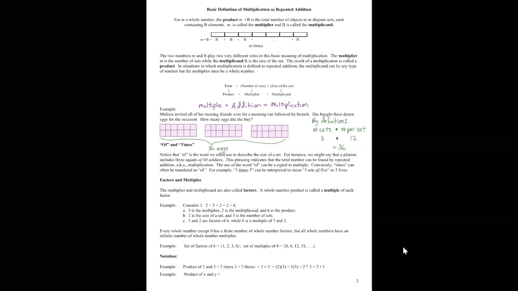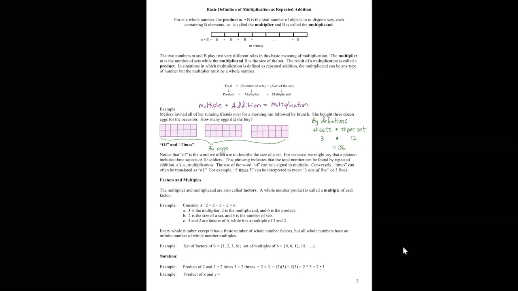For instance, we might say that a platoon includes 3 squads of 10 soldiers, right? So a carton of eggs contains 12 of those eggs. Each one has 12 of those eggs. The phrasing indicates the total number that can be found by repeated addition, also known as multiplication.